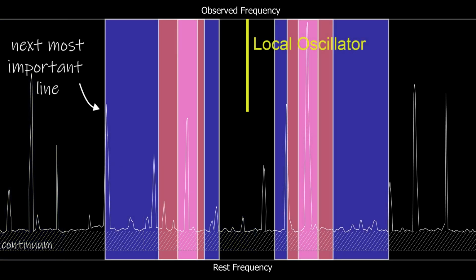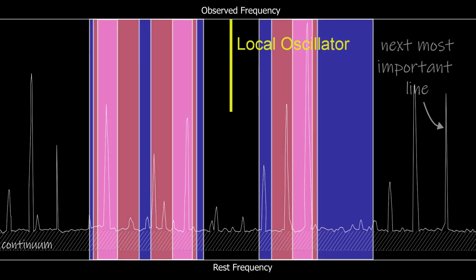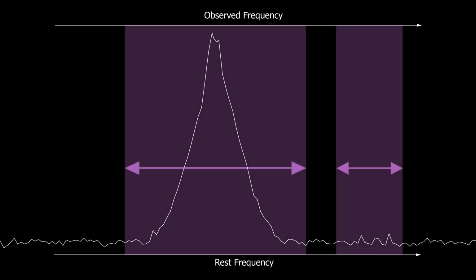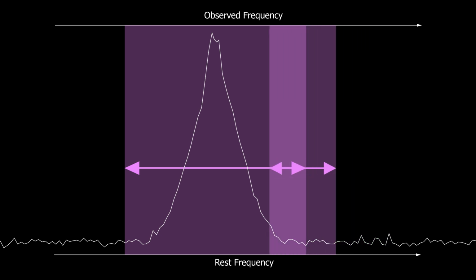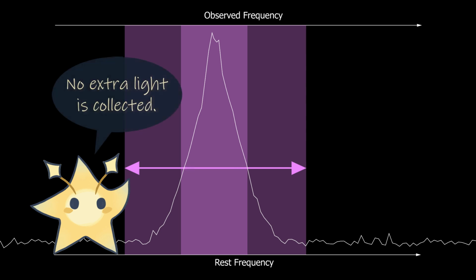These choices will constrain which additional lines of interest can be observed. Be aware that it may be a challenge to observe all of the lines in one tuning. Finally, it is important to note that centering two spectral windows on the same line will not improve the line sensitivity, because this does not increase the number of photons collected by the receivers.